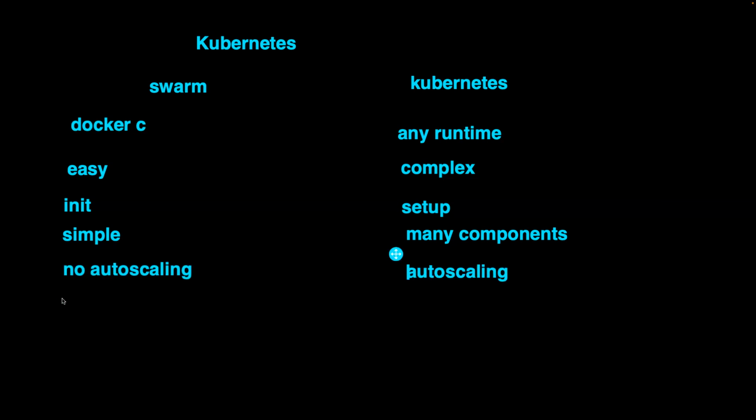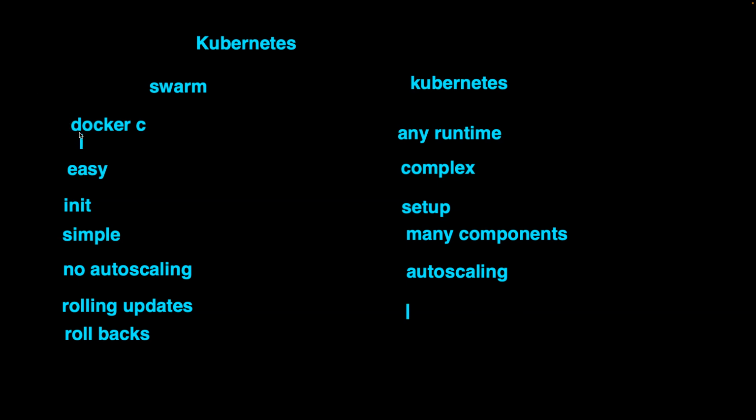And you have rolling updates and rollbacks. What are rolling updates and rollbacks? What is a rolling update? It's releasing the new version. Suppose you have deployed some application version 1 and you want to upgrade it. During the upgrade, there might be some maintenance scenario where the application would be down.